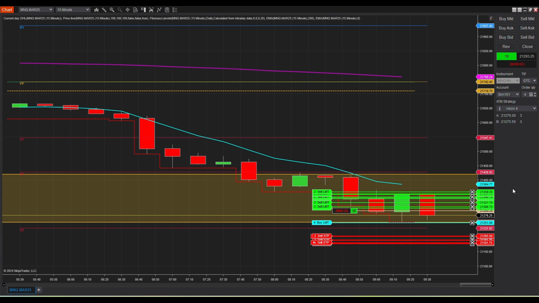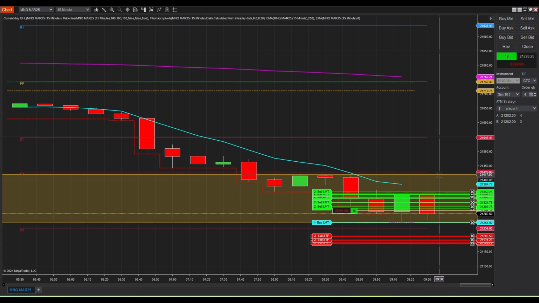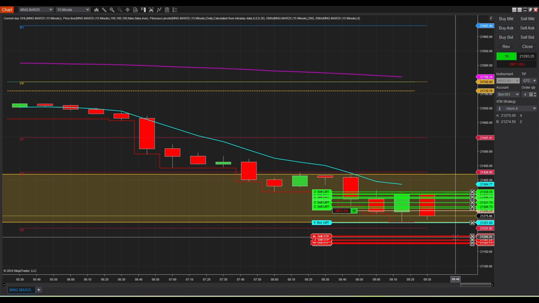Give this a little bit of room to breathe. This is a really good move as far as the IBR. Changed it to the 1 hour IBR. This may be the low of our 1 hour IBR. We may go and take this high of the IBR out after breaking this.